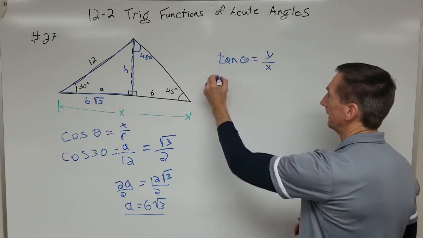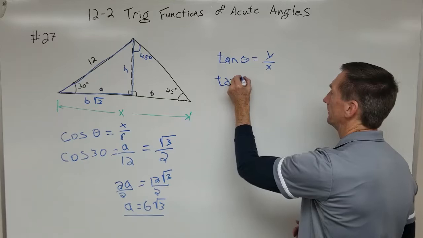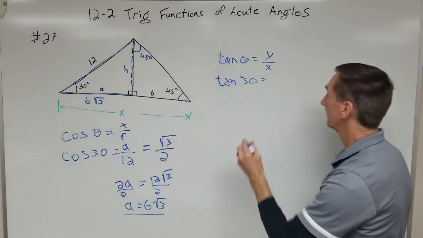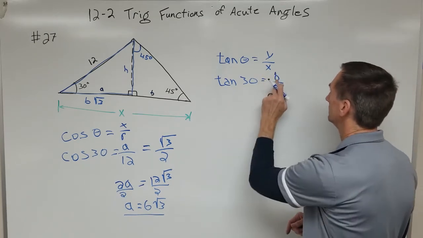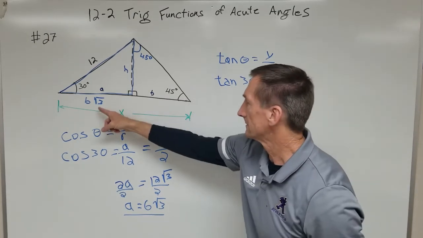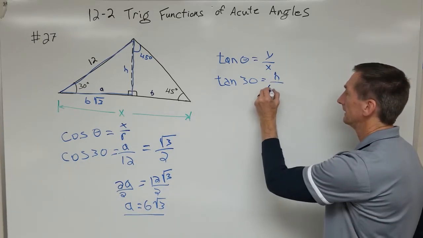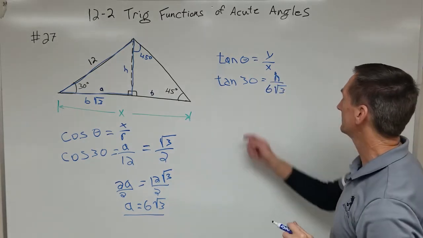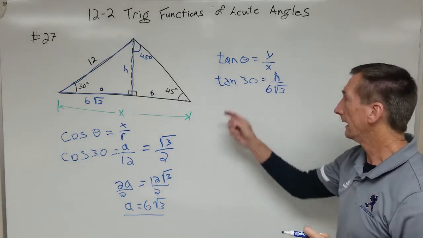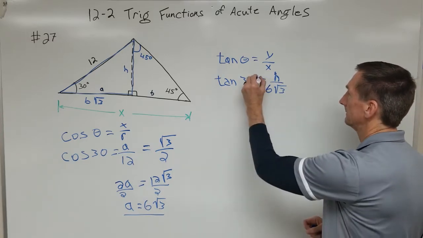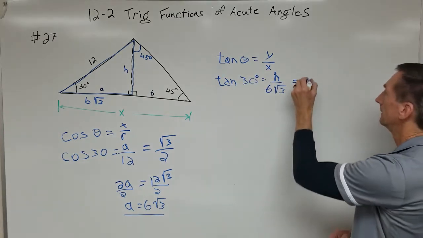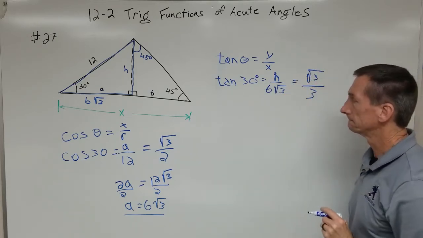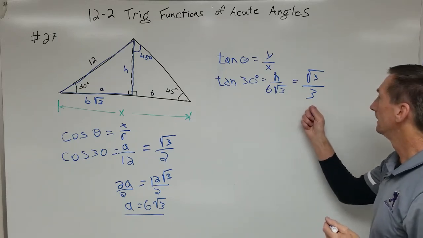In our case, we have tangent of 30 is equal to y, which we've called h, over this x distance, which we've solved already, 6 root 3. So h over 6 root 3 is tangent of 30. But wait, I know what the tangent of 30 degrees is. Say it with me, square root of 3 over 3.